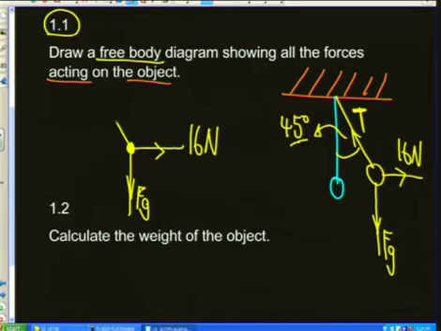And then there is this force here, which is the tension inside that string or rope. If you want to, you can show that this thing is forming an angle with the vertical of 45 degrees. Nothing is wrong by doing that, but you don't have to. What was more important was to answer the question and show the three forces acting on that object, so you have your force diagram.